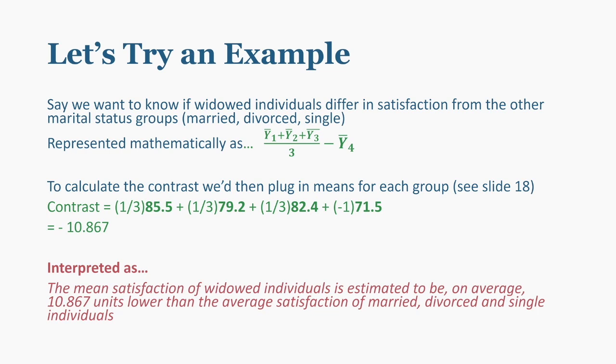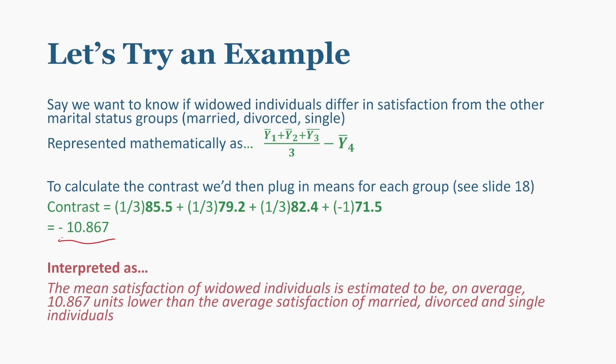That leads to the value of negative 10.867. That is interpreted as the mean satisfaction of widowed individuals is estimated to be, on average, 10.867 units lower than the average satisfaction of married, divorced, and single individuals.